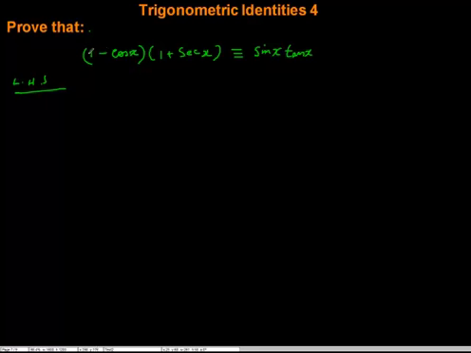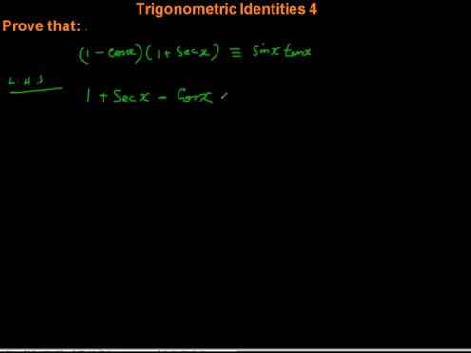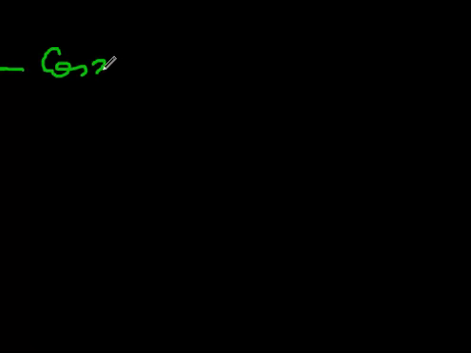When I times 1 by 1 I get 1, and when I times 1 by sec x I get sec x. When I multiply minus cos of x by 1 I get minus cos of x, and when I times minus cos of x by sec x I get minus cos x sec x.